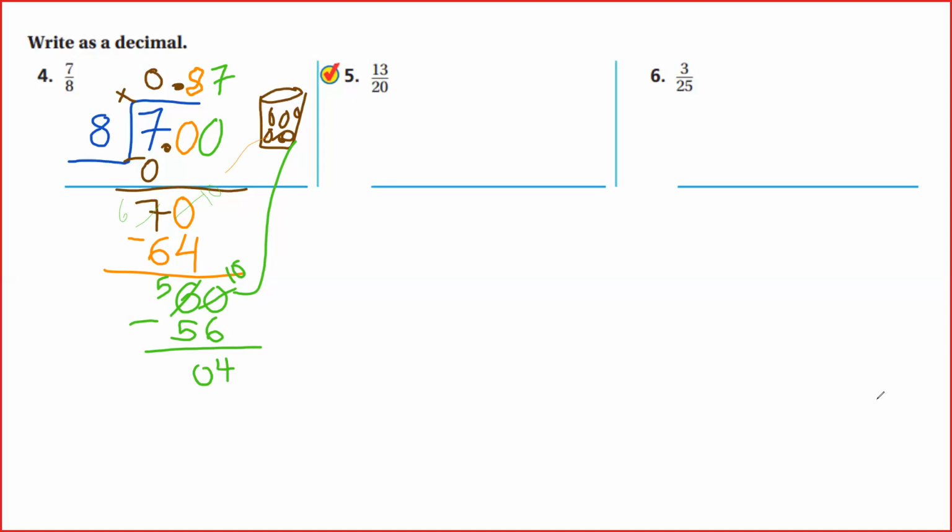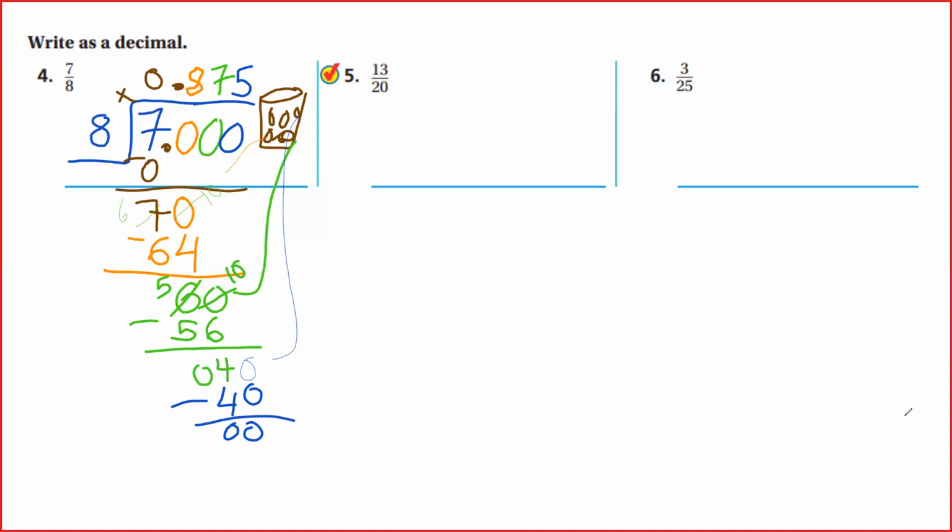Now, is my remainder 0? No. I will bring now another 0. Now here, what do we have? We have 40. 40/8. It's 5. 5 times 8 is 40. I will subtract them now.